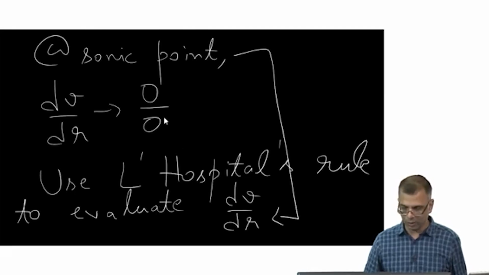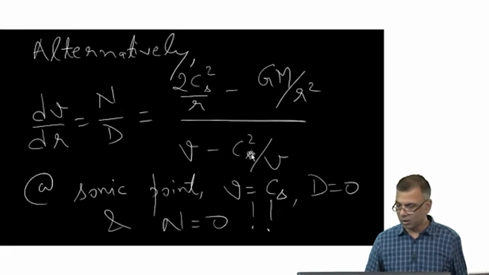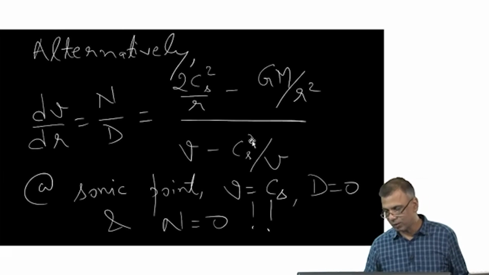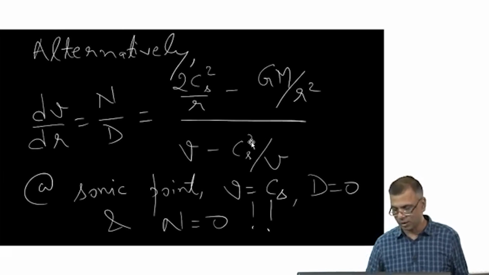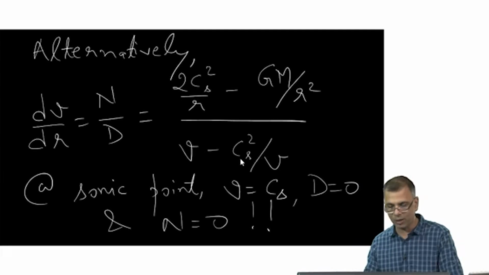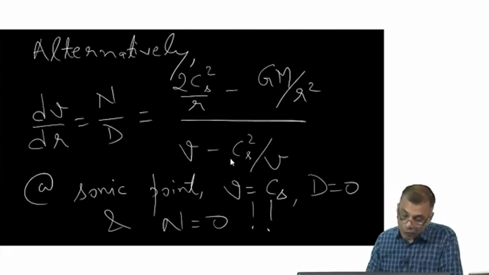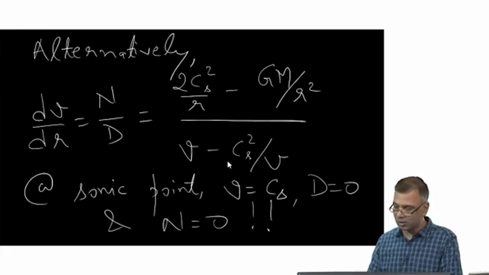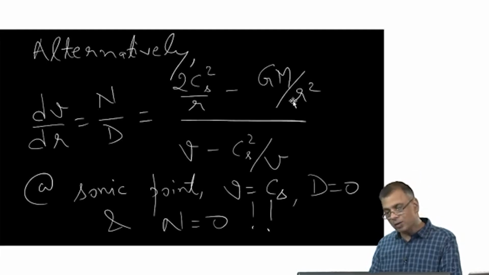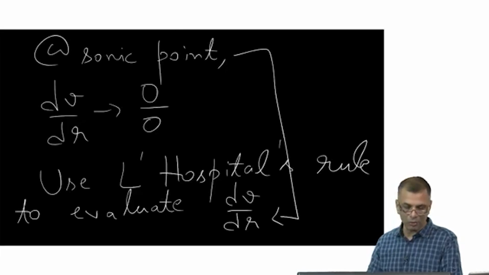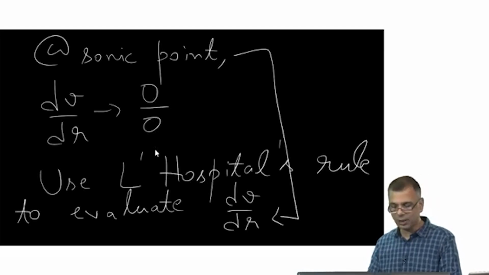It's evident how the denominator becomes 0. You see, at the sonic point, V equals Cs and V squared equals Cs squared. So, it's evident how the denominator becomes 0. Now, the thing to remember is that if you don't want dV/dr to blow up, then you want the numerator also to become 0, so that you obtain this kind of a 0 over 0 situation, and then you'll use L'Hopital's rule to evaluate dV/dr.